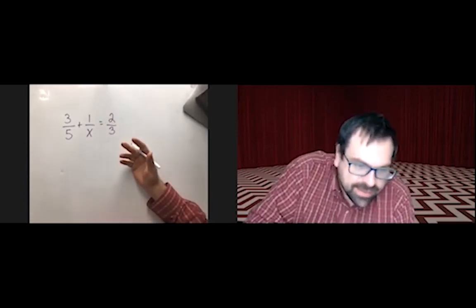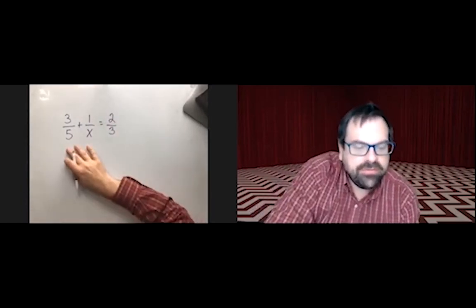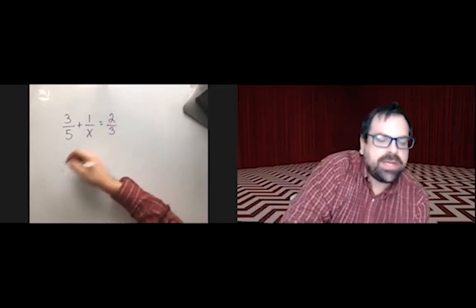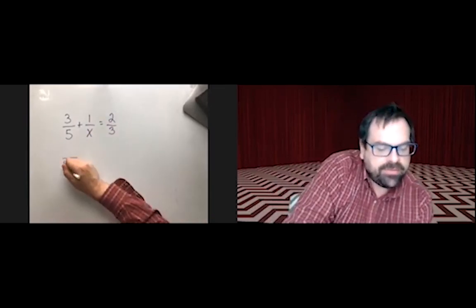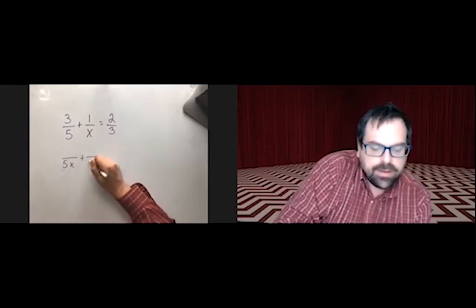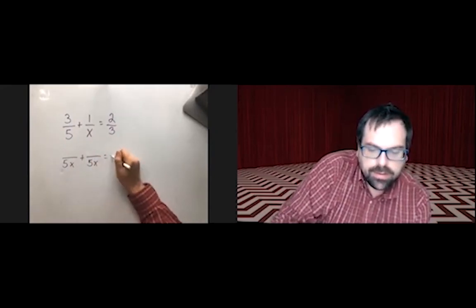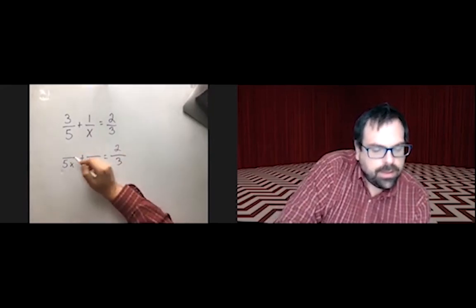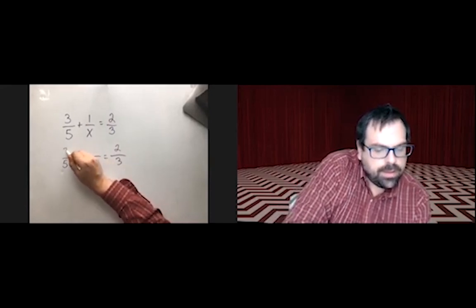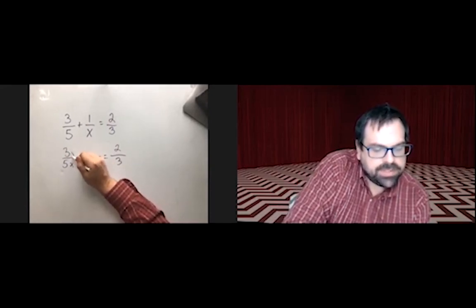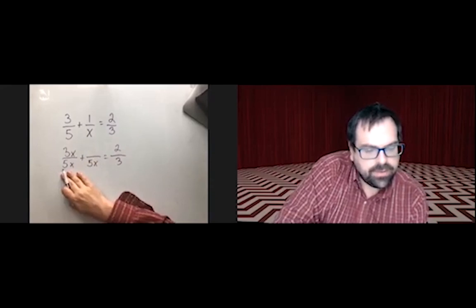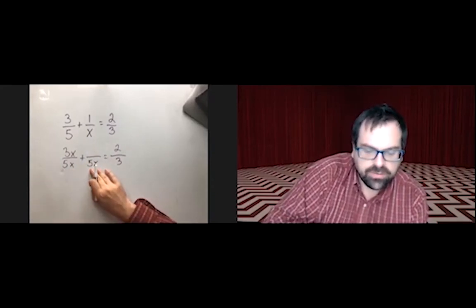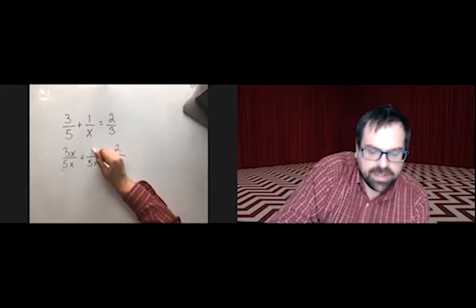In the old days, we would have fraction plus fraction. We would need a common denominator. That would be 5x. So the top would need to be multiplied by x for the 3/5, and then for the 1 over x, the top would need to be multiplied by the 5.